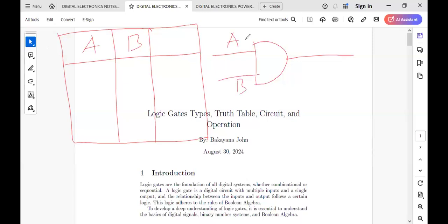And B. Which gate is this now? The AND gate. This is A and B, not so? So in the truth table, our possibility is 0, 0, 1, 1. We can have 0, 1, 0, 1. So the result is going to be A and what?